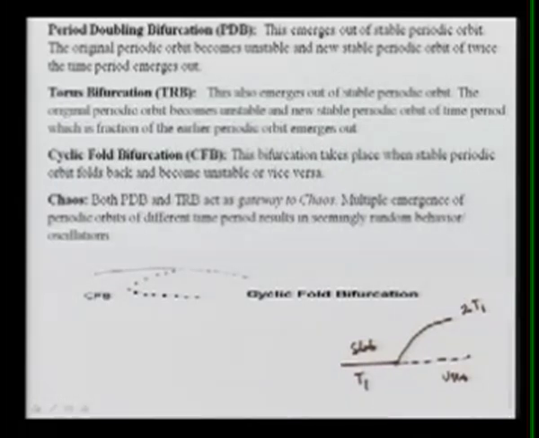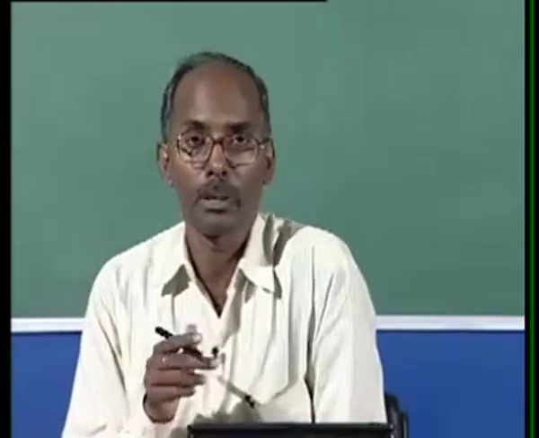Now the torus bifurcation, this also emerges out of a stable periodic orbit. The original periodic orbit becomes unstable, and a new stable periodic orbit of a time period which is a fraction of the earlier periodic orbit emerges out. So in the torus and the period doubling, here the period is doubled.